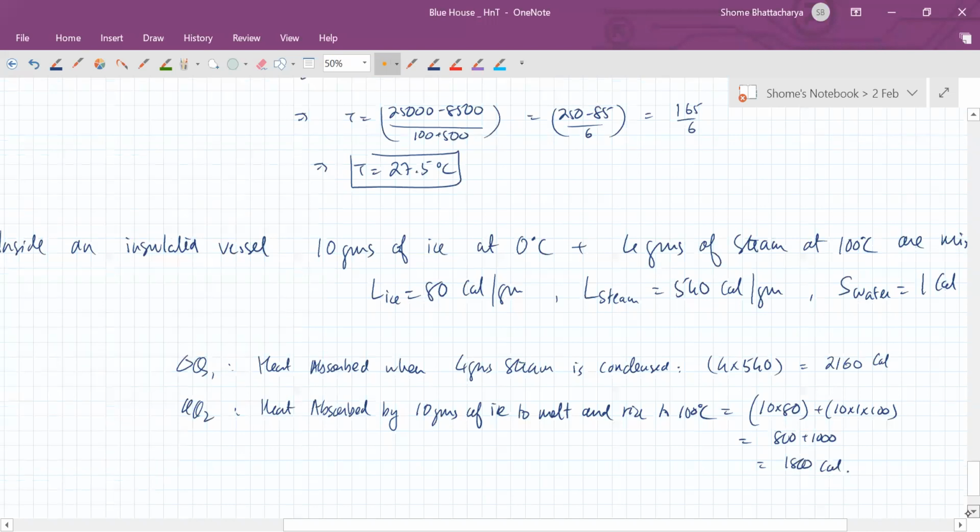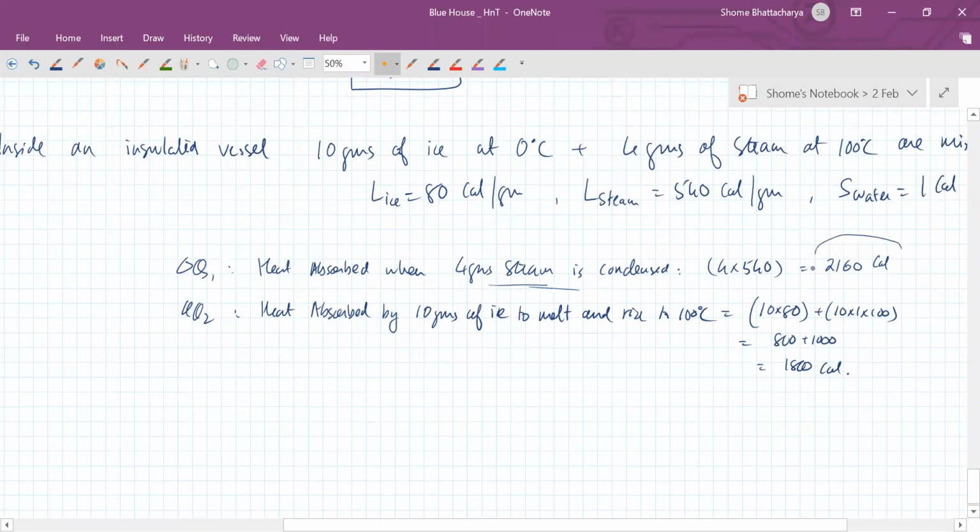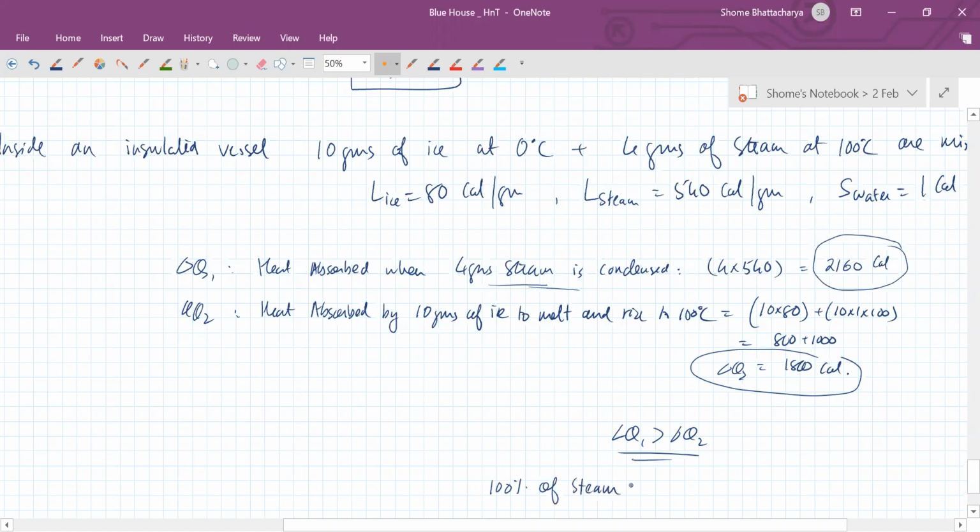So you can see that in order to make 4 grams condense, you need to absorb this much heat. But how much capacity you actually have to absorb? Only this much. So delta Q1 is greater than delta Q2. That means 100% of steam will not get condensed.